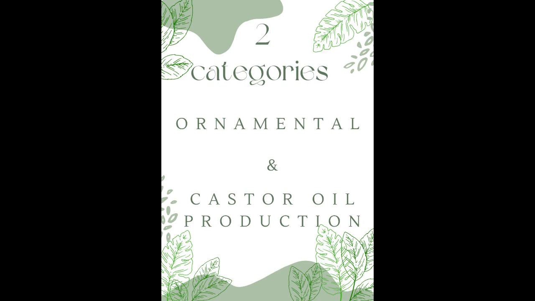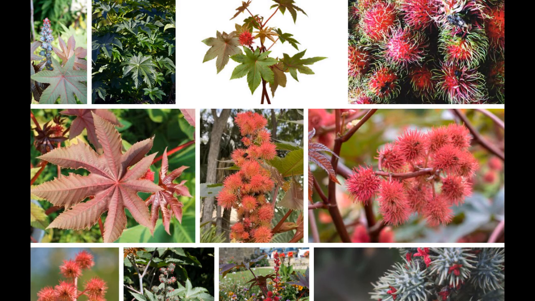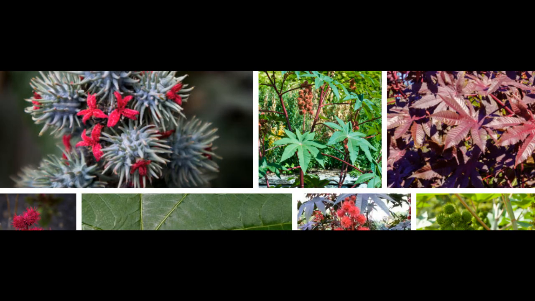These are castor plants that are grown for decorative purposes in gardens and in landscape designs. They are quite beautiful and colorful. But right now we are not interested in those because they don't bring us money.